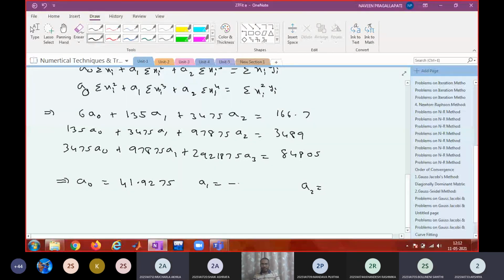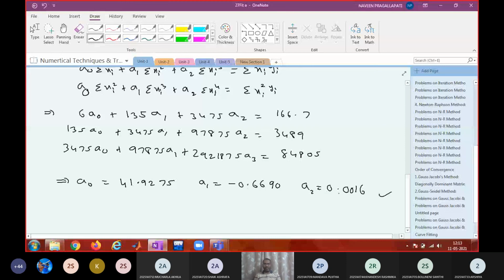Minus 0.6690. A2, sir? 0.0016. Correct. I think A1, A2 are matched. I think there is a mistake in the textbook file. Okay, so I'll accept your answer.